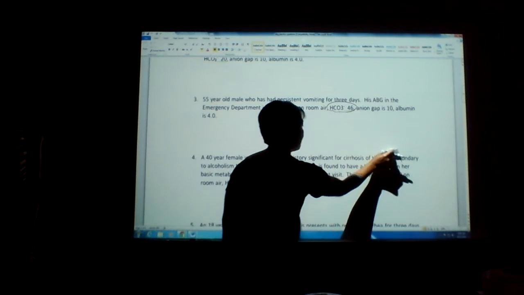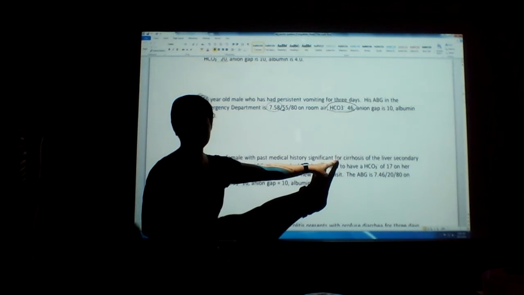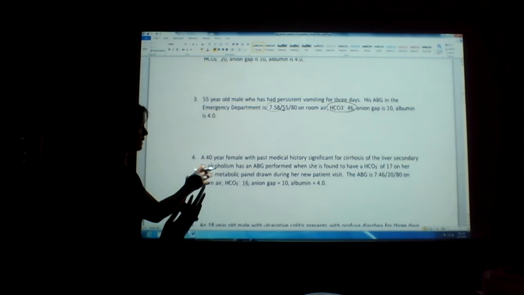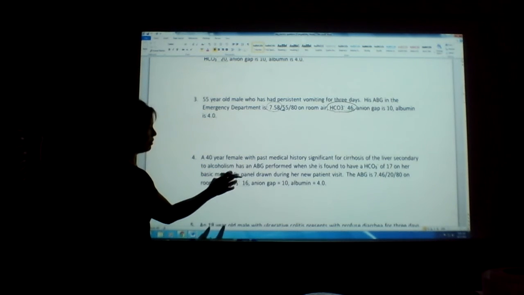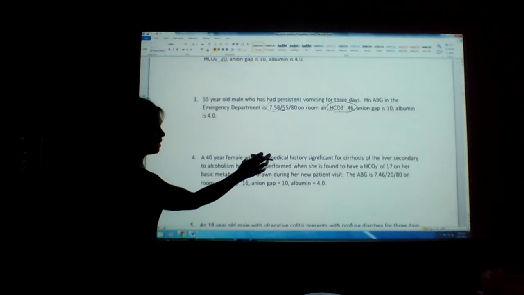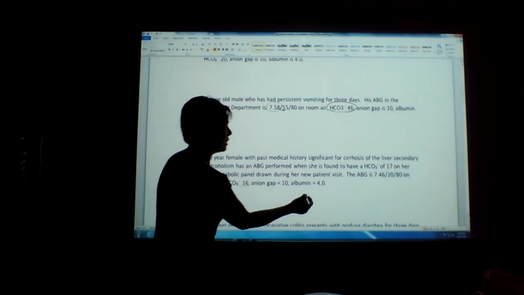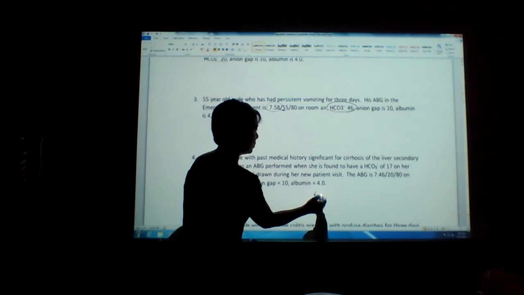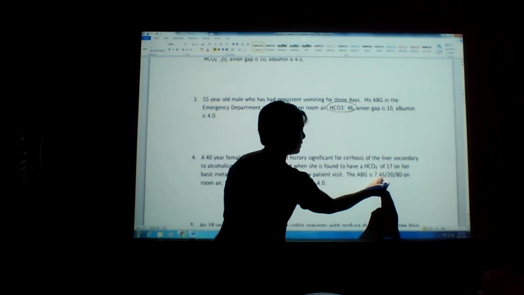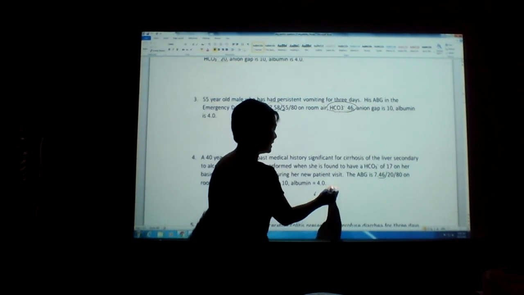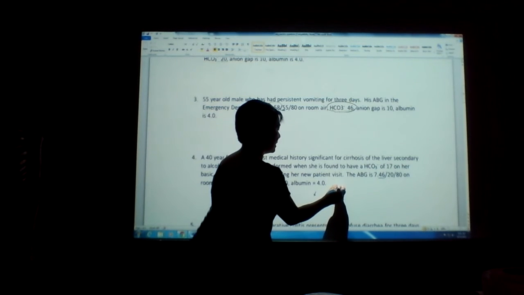How about this one? Cirrhosis. So I'm thinking metabolic also. Okay? So metabolic, let's see. Look, the bicarb is 70. And then the ABG. So bicarb is low. And then the ABG is normal. I don't know, that's high. So alkalosis.